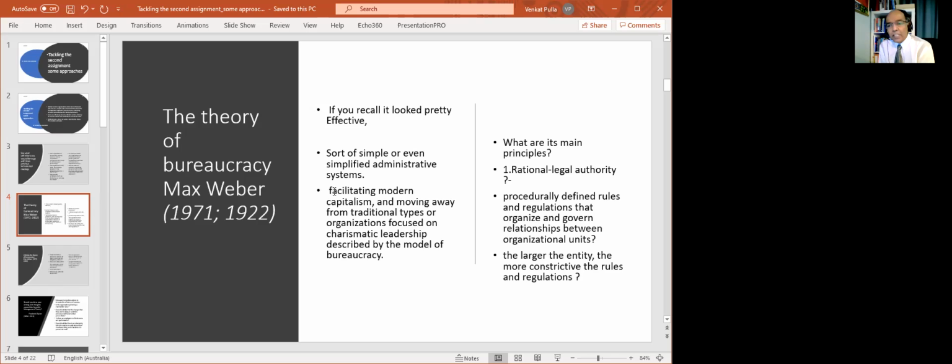And what were the main principles of bureaucracy? Kind of a rational legal authority already set in stone. It knows what anybody has to do, what you expect a person to do. Procedurally defined rules and regulations that organize and govern relationships between organizational units. The larger the entity, the more constrictive the rules and regulations. It's a very interesting kind of question to raise.